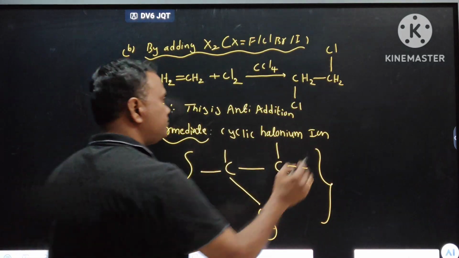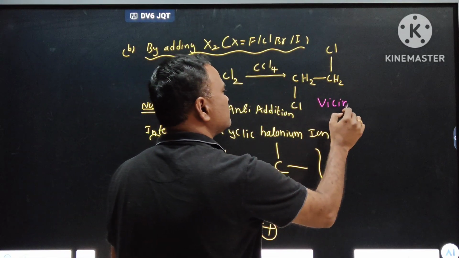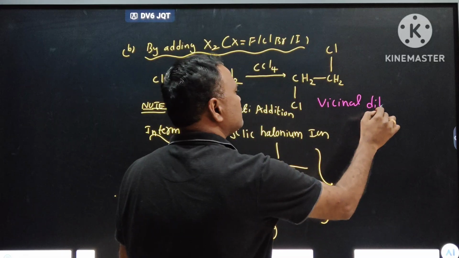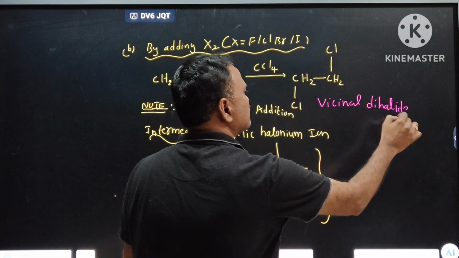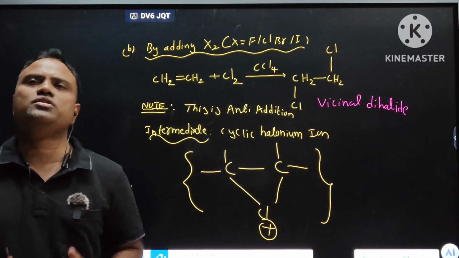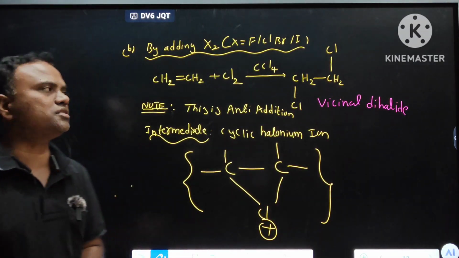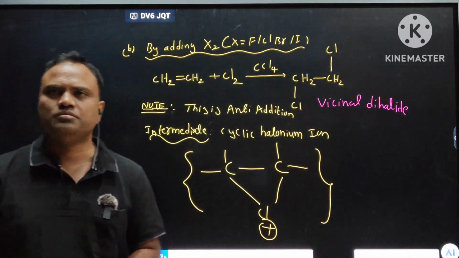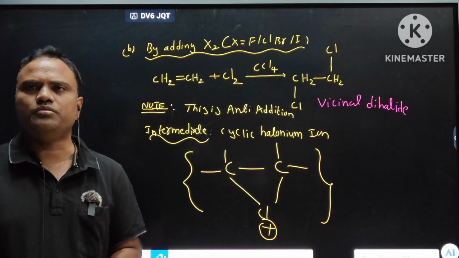Vicinal dihalide. Vicinal. If two halogens are present on adjacent carbons, that is a vicinal dihalide. Okay, completed, all of you.